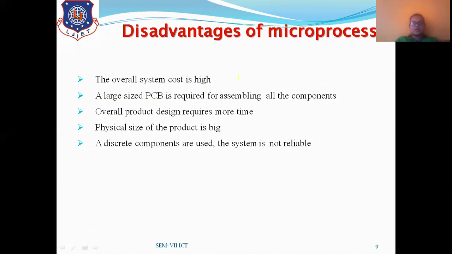In a processor, all the memory and IO devices are connected externally as per our requirement, so the overall system cost as well as PCB size will be large, right? So as the PCB size is large, the product size will also be large, and to design that particular overall product, it requires more time, right? And last, many different components are used to build a microprocessor based system, so the system is not reliable for future use.